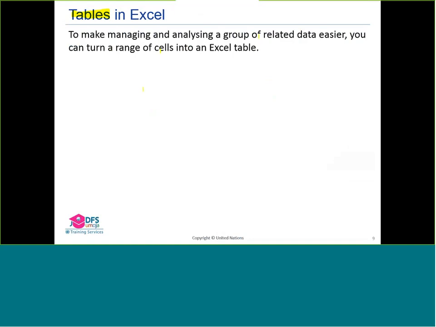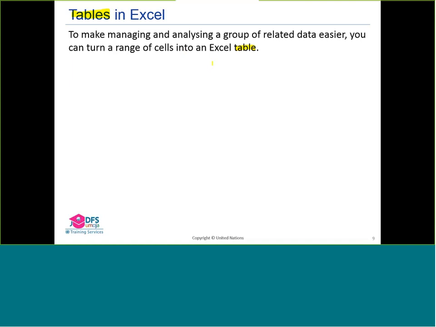It's a way of turning a range of data into a table. By building a table, we are indicating to Excel that our group of data is related to each other, and we can analyze the data as a group, okay? So they are no longer a range of cells, but an interrelated set of data.